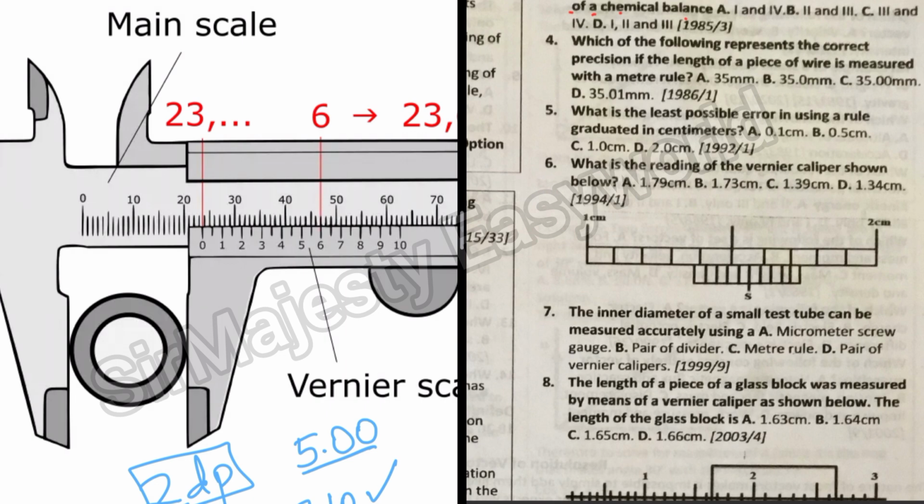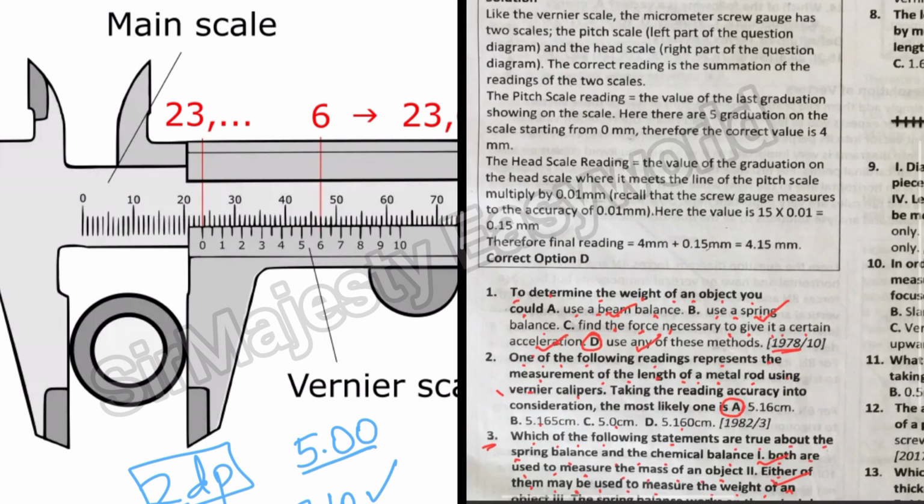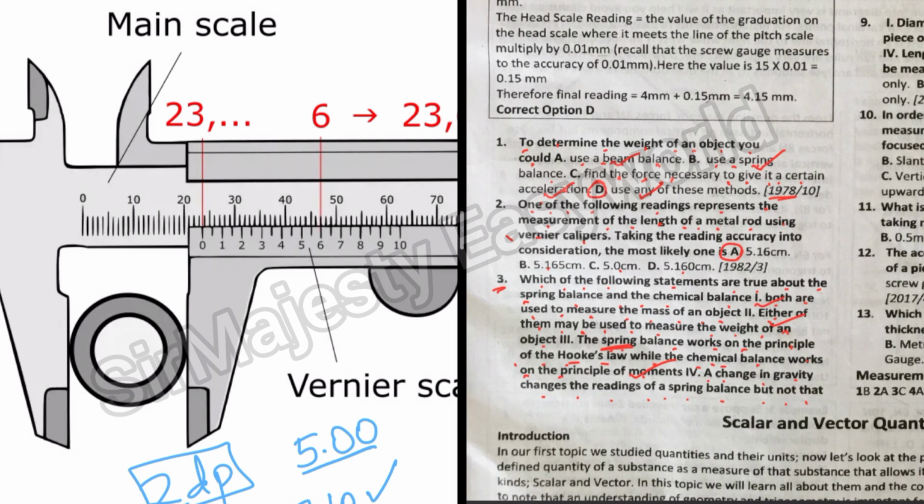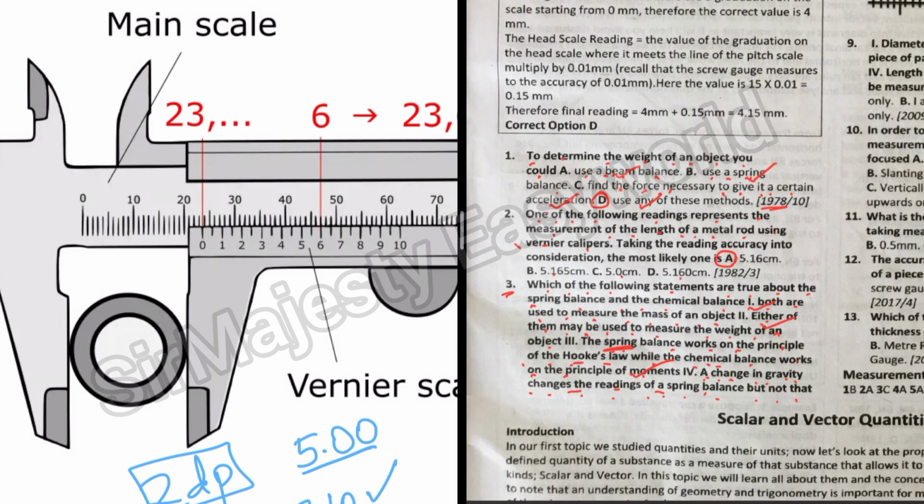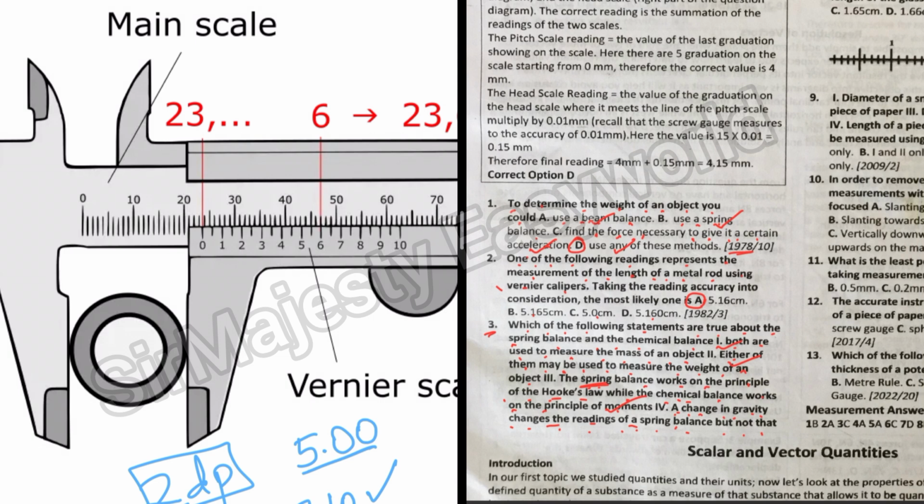But for spring balance, it works purely with gravity. That means that actually a change in gravity will change the reading of a spring balance, but not that of a chemical balance. But is the statement actually correct? No, because spring balance measures mass. Change in gravity doesn't change the mass.